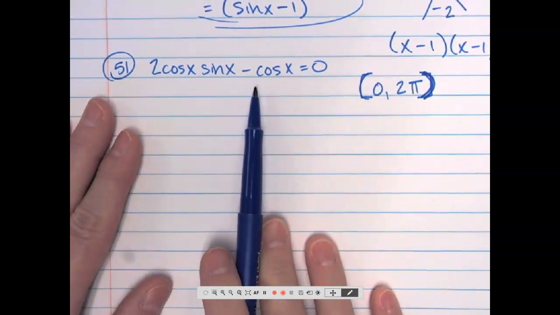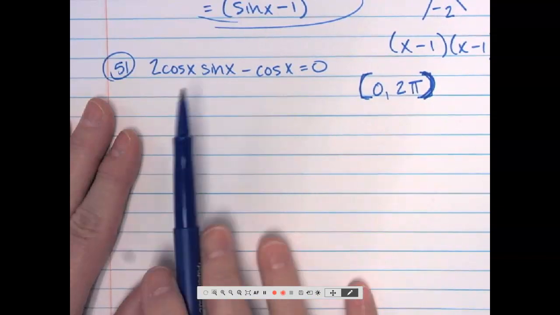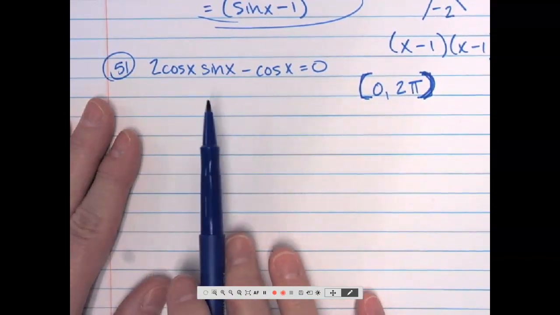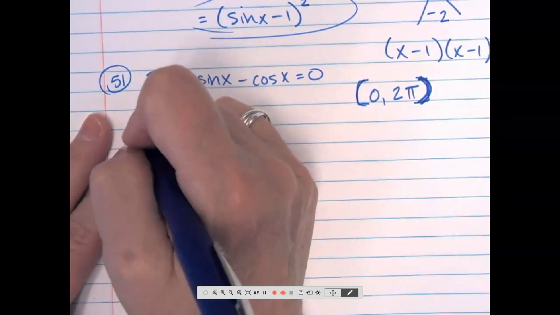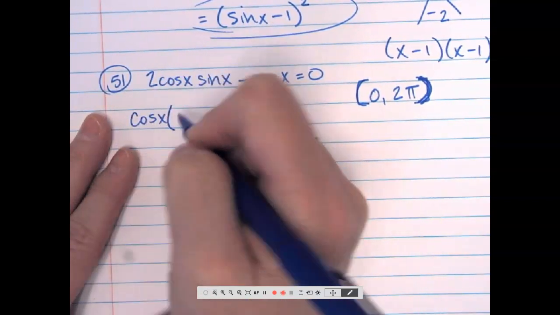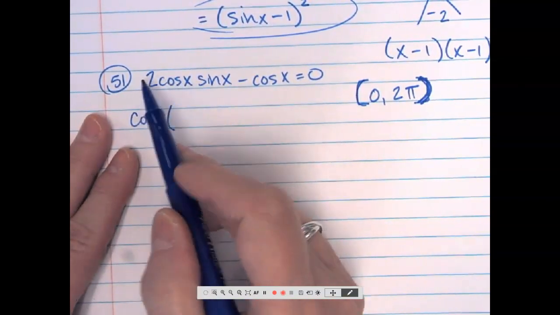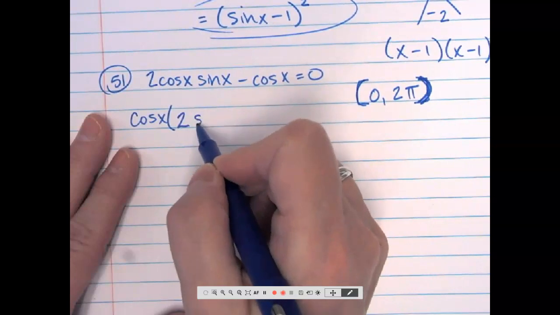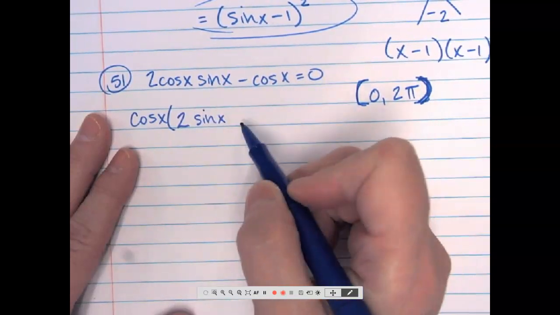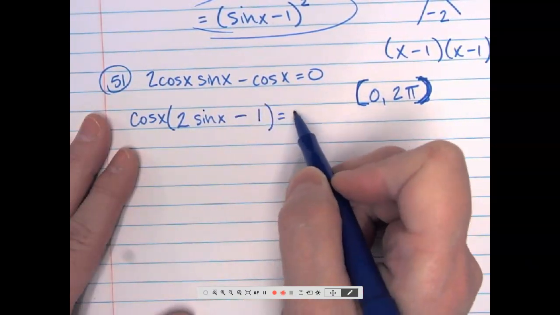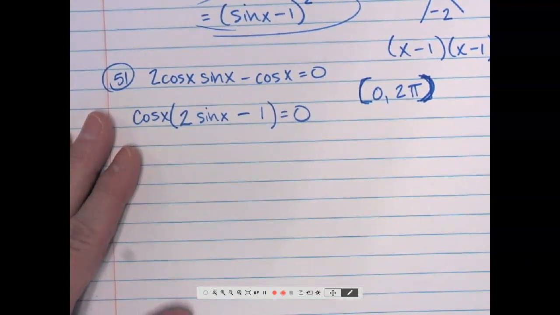I can't add them. They're not like terms, but what do you see in both terms? Cosine. So I'm going to factor out a cosine x. When I bring out that cosine, I will have a 2 sine x minus 1 equals 0.